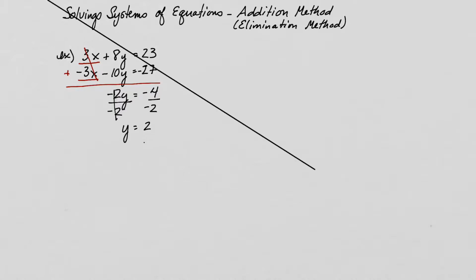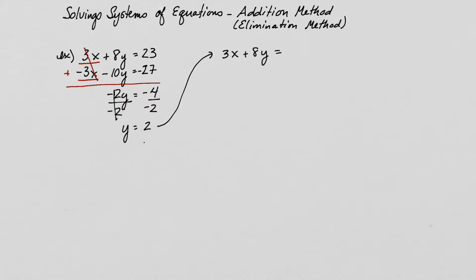And then just like we did before, we can take the value here, the 2, and plug it back into either one of these original equations to get my next value. So if I plug it into the top equation, I would have 3x plus 8y equals 23. So 3x plus 8 times 2 would be 23.